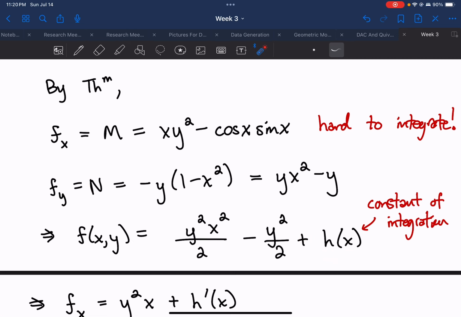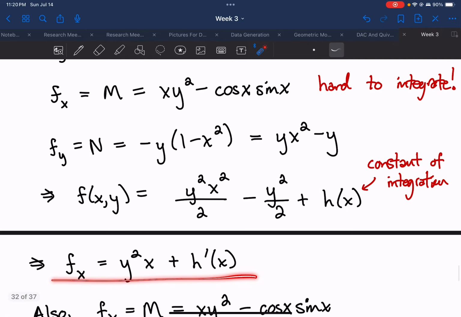And I'm going to play the same game. I'm going to take this function and differentiate it dx and compare that to m. If I take the derivative of this dx, I should get something that's equal to m. Okay, so I take this derivative dx. Here I get xy squared, and over here I get 0, right?